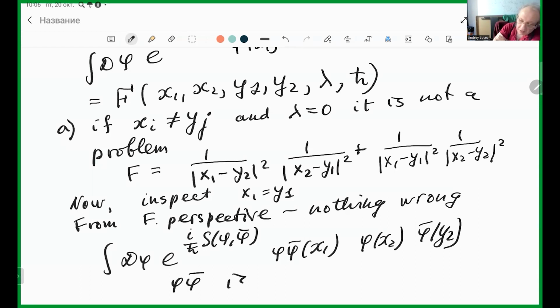Phi bar is just a function, a local function.